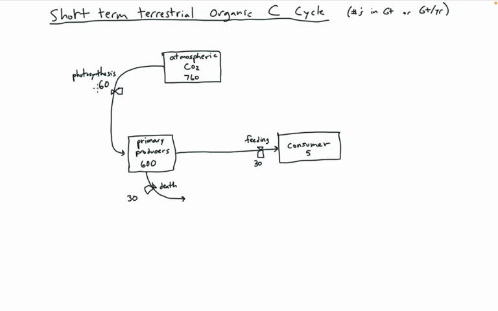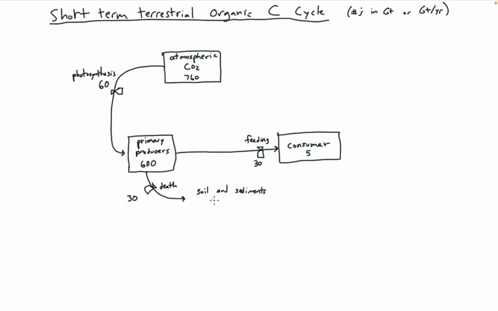So now with the rates, we want to check that these diagrams are in balance, right? If the numbers don't add up in terms of the ins and outs, we know that something's off with the diagram. We're missing something, okay? So death is going to take that carbon that's in the carbohydrates and put it into the soil and sediments.